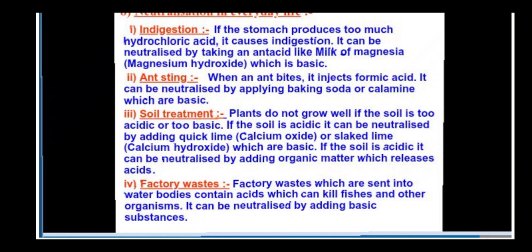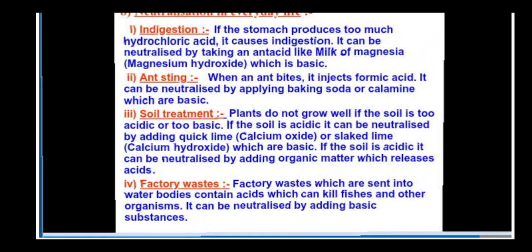This causes indigestion. It can be neutralized by taking an antacid like milk of magnesia, that is magnesium hydroxide, which is a base. If you get acidity in your stomach, then you can take milk of magnesia, and milk of magnesia is basic.